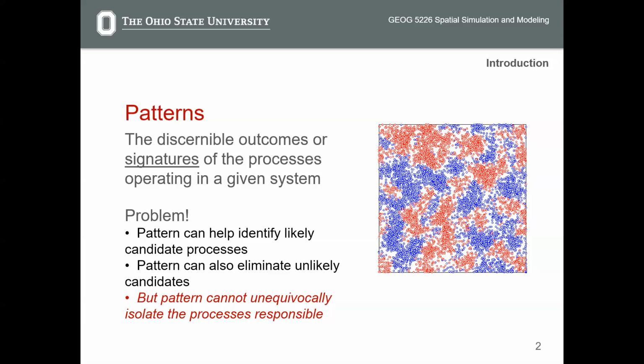In other words, which processes on this list of candidates actually led to this pattern? You're not sure about that. You need to do more work. So the relationship between a pattern or patterns and processes is tricky.